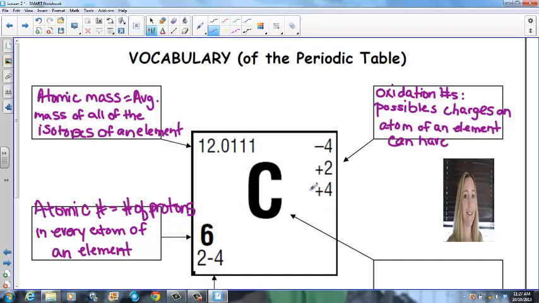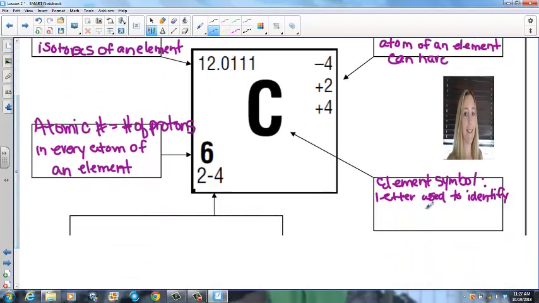Okay, over here, this is the element symbol. We're going to squeeze this on this page here, element symbol. And it basically just tells us the letter that's used to identify the element.